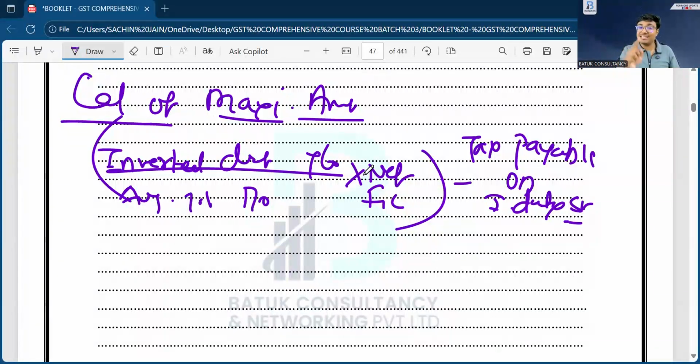So the government requires a certain ratio, proportion. Hence, the government said: whatever input tax credit you have claimed in your GSTR 3B return of the respective period, you just need to multiply it by the inverted duty structure related turnover divided by adjusted total turnover.